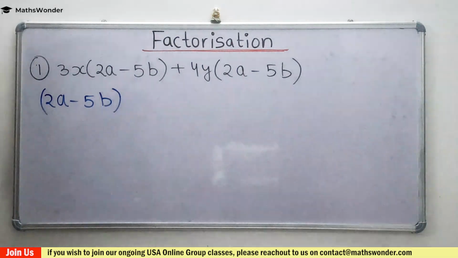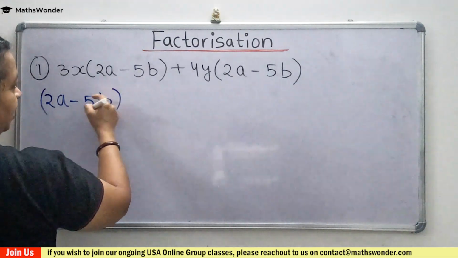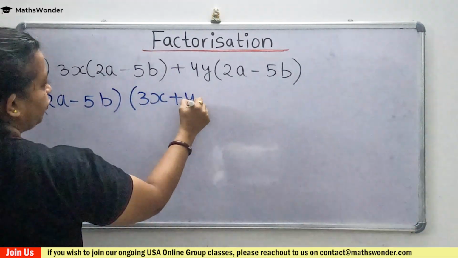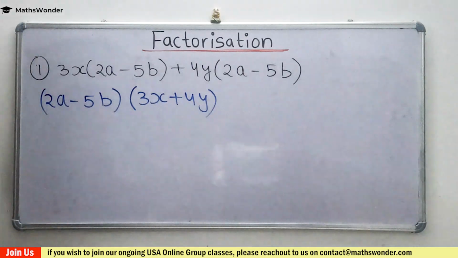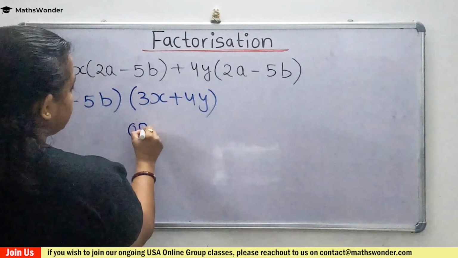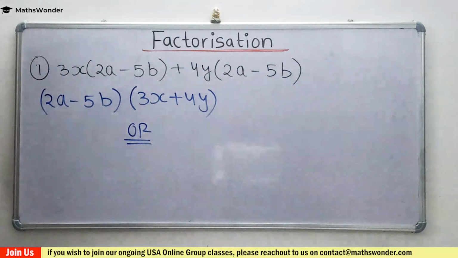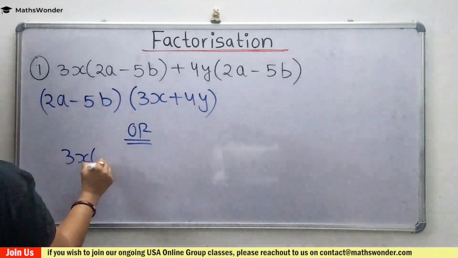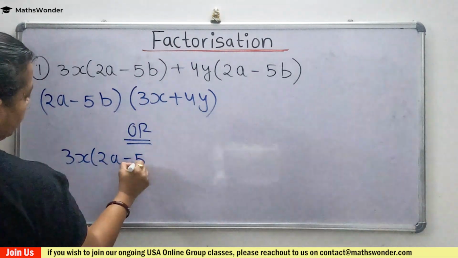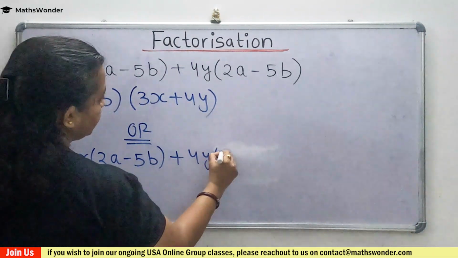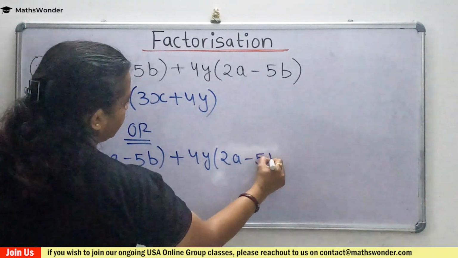Once you take this out, what is the remaining one? 3x plus 4y. Don't forget the sign. Sign is very important. This is the answer, but the other method is you can do it this way also. 3x(2a minus 5b) plus 4y(2a minus 5b).